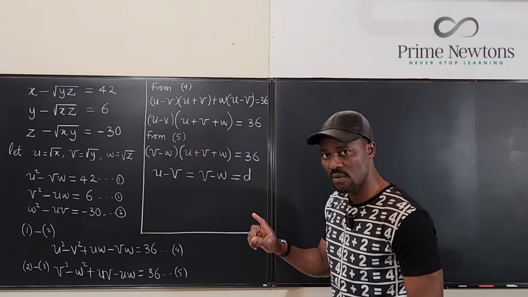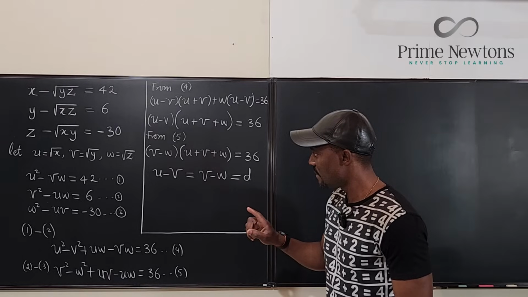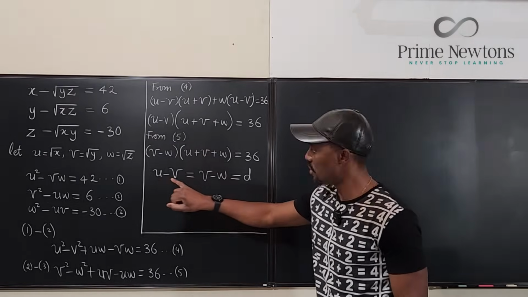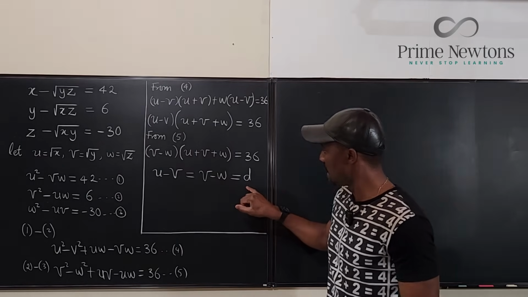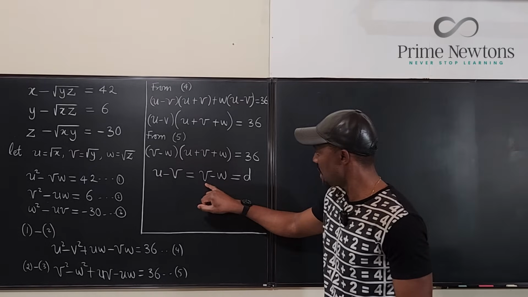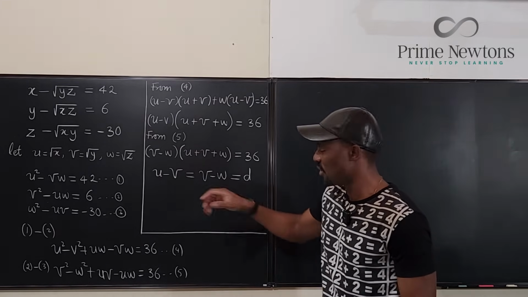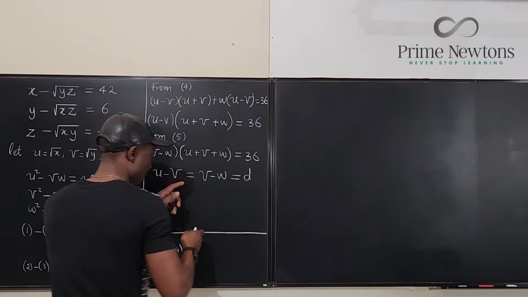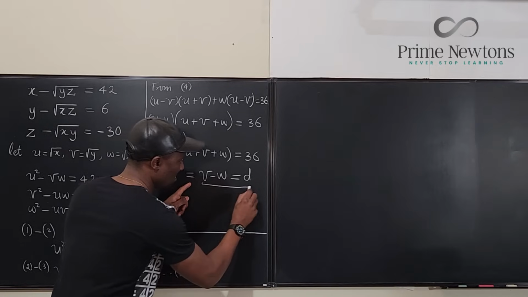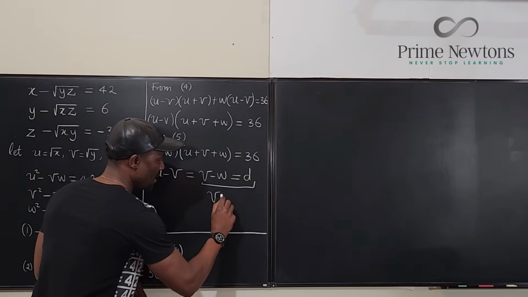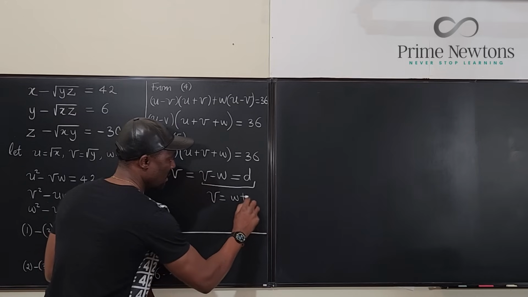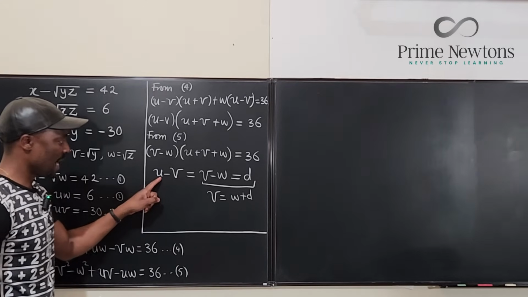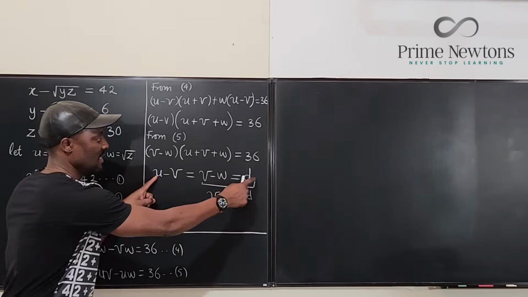Since we know that, we can write u in terms of d, and we can also write v in terms of d. It looks like there's going to be just one variable that becomes common. So from these two, we know that v equals w plus d, and from this equation, we know that u equals v plus d.